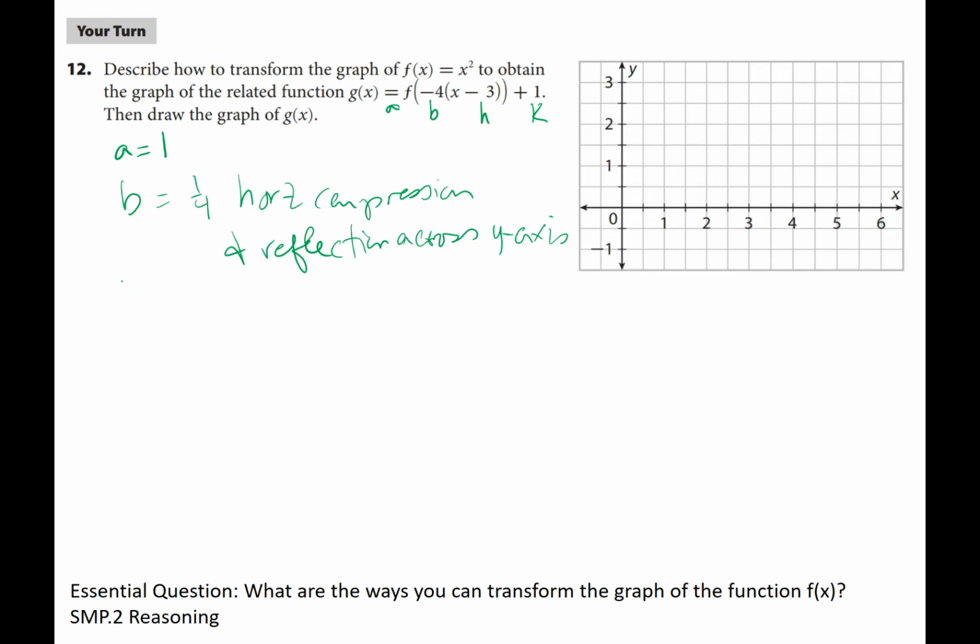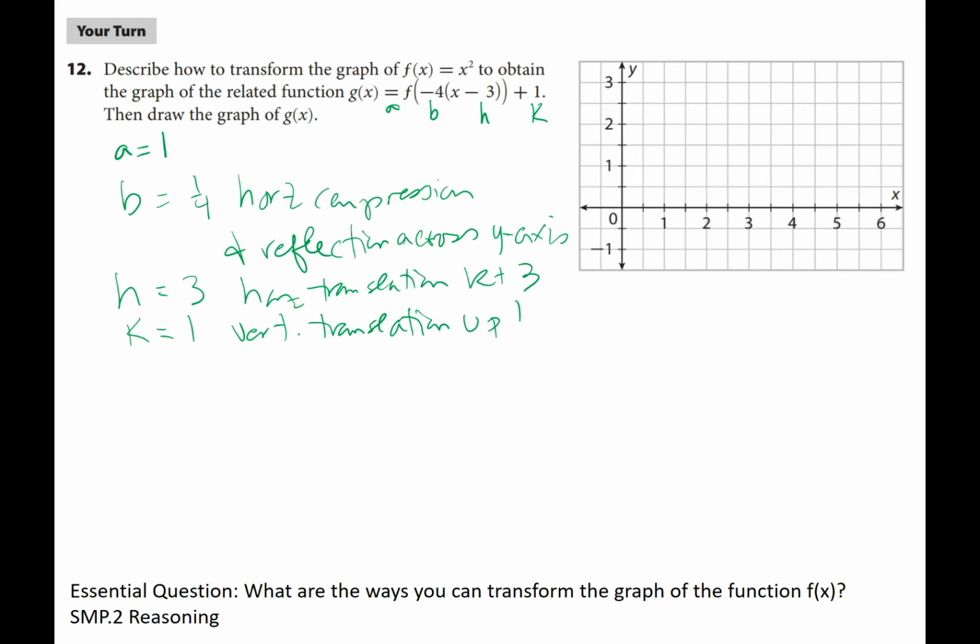And then the h value, we switch our signs, so the h value is 3. That would be a horizontal translation to the right 3. And then the k value has to be 1, which is a vertical translation. And then it's positive, so it's going up 1.